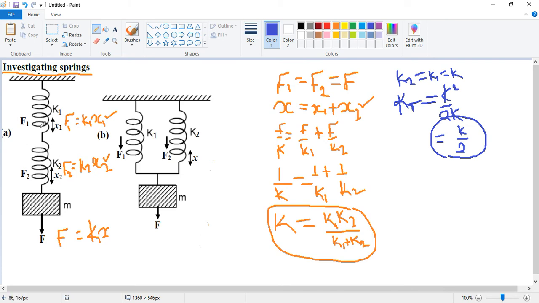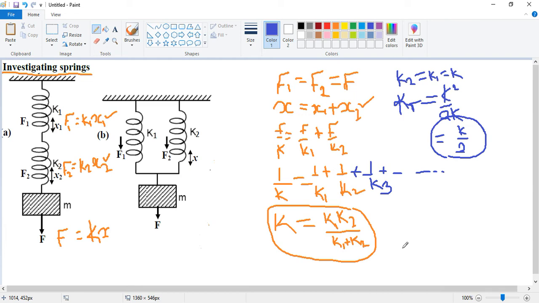By the way, if you have so many springs in series, remember we get the effective spring constant from the reciprocals. That implies if I had so many springs in series, I would add here plus maybe 1 over K3, plus and so on and so forth. That is if I have so many springs connected in series.